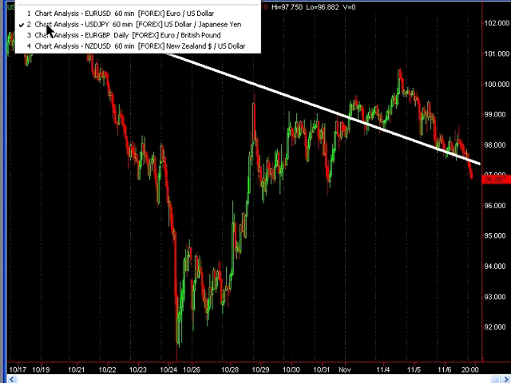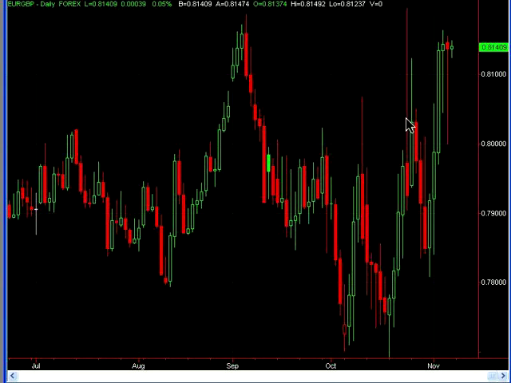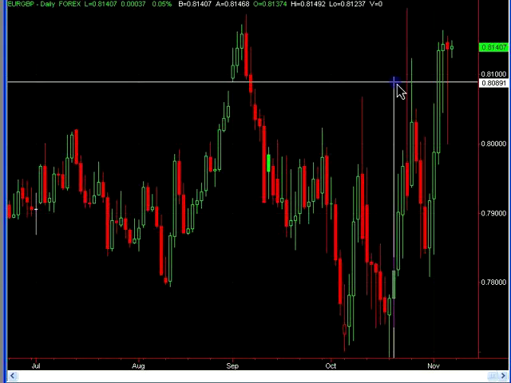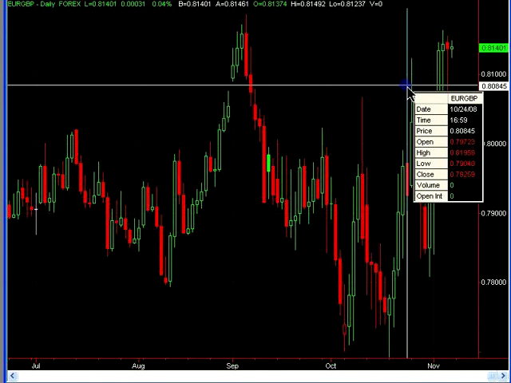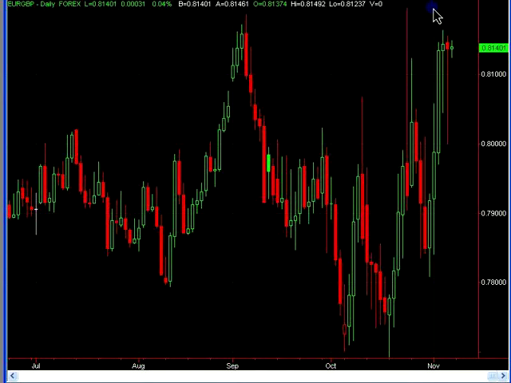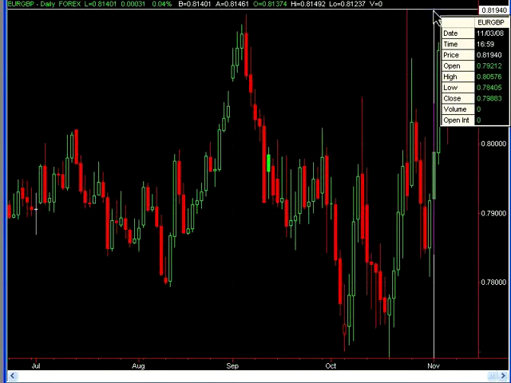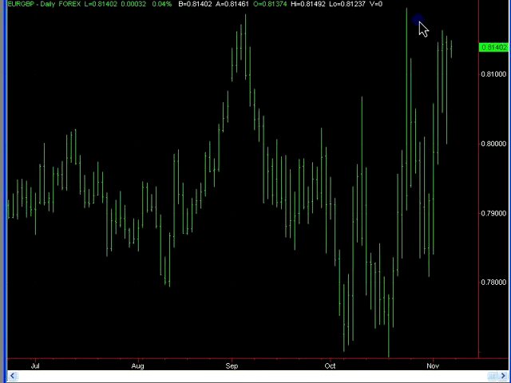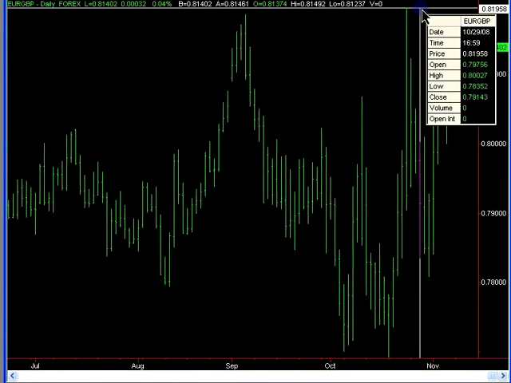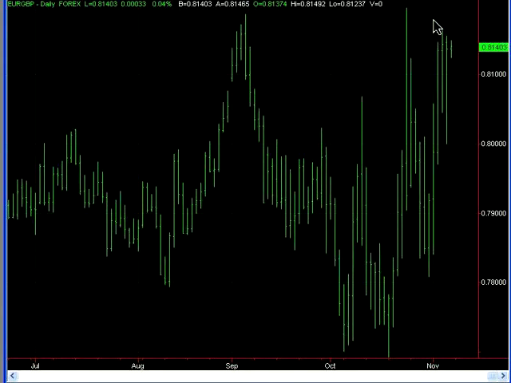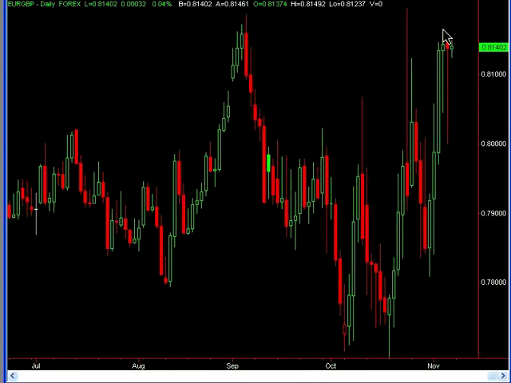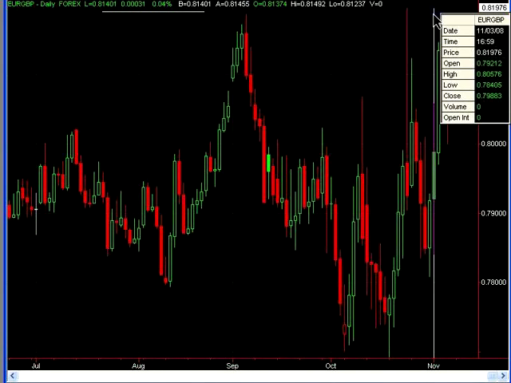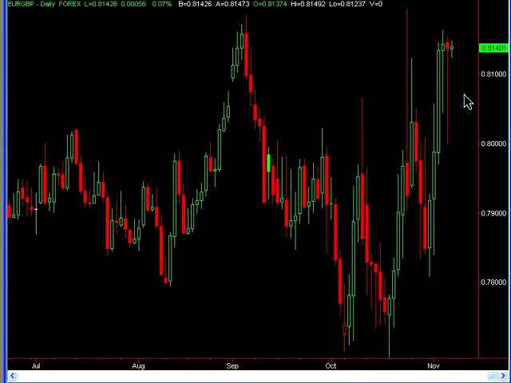Next chart is the euro pound, as I was mentioning, to have a slight bearish bias against the high of this candle wick right here, which is 81.95, and I can go ahead and change the chart style so you can see that a little better. That would be this candlestick right here, 81.95, and we can see that prices have been contained by that high so far. We haven't really seen a major reversal.